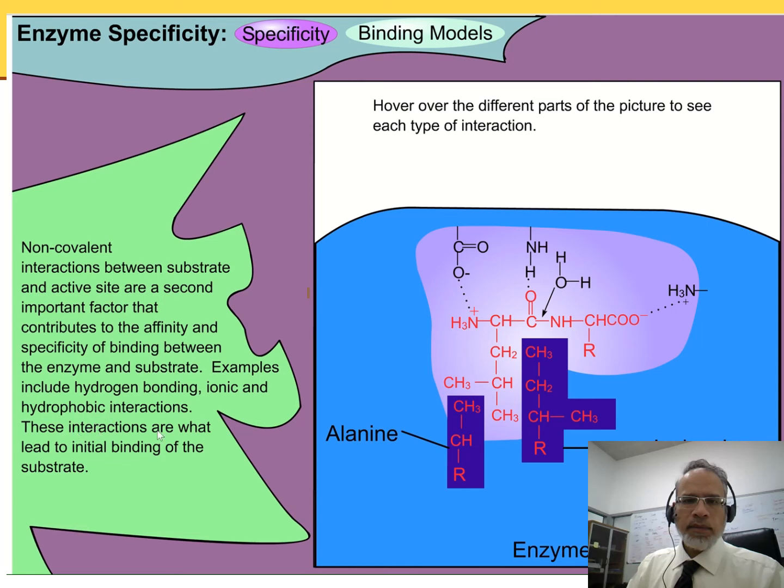And these interactions are what give you the initial binding of the substrate. So this is a charge interaction, this will be hydrogen bonding between the substrate and the active site. This is again a charge interaction, and this would be the hydrophobic interaction because you have non-polar groups.